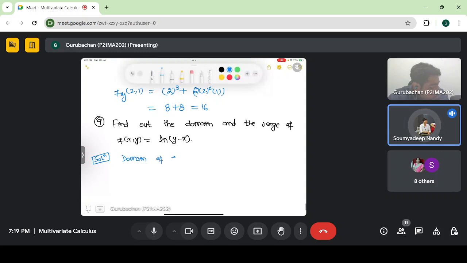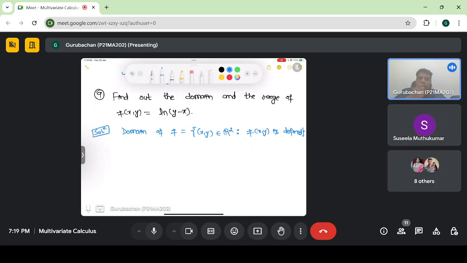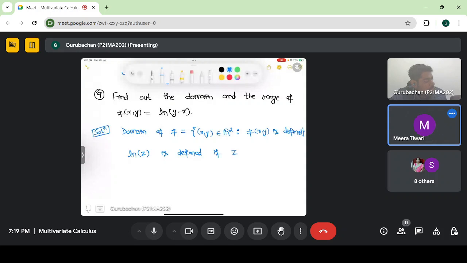Domain of f is equal to the collection of (x, y) such that f(x, y) is defined. Now tell me when the ln function is well defined. ln z is defined when z is positive. So here what we have to take is that y minus x should be strictly greater than 0.